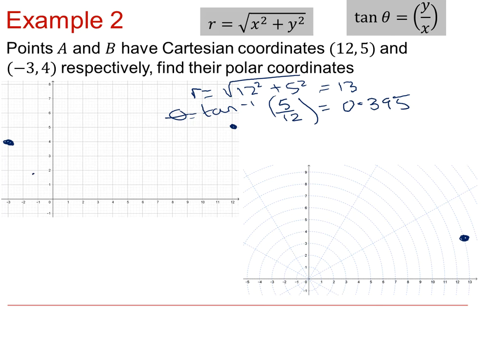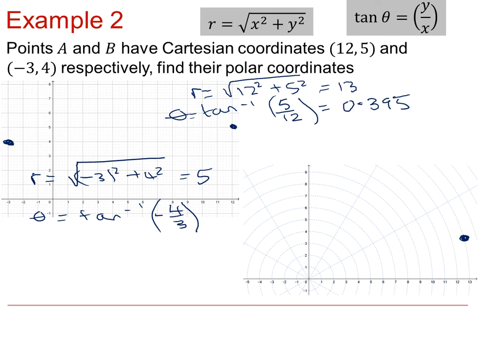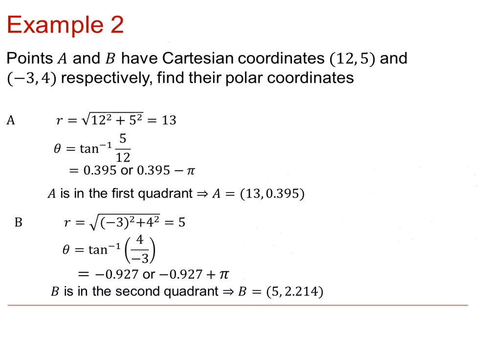Here r would equal the square root of minus 3 squared plus 4 squared, equal to 5, and theta would be tan to the minus 1 of minus 4 over 3. The tan value gives us two options, but we choose the one that lies in the second quadrant.